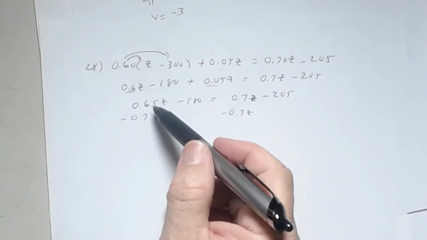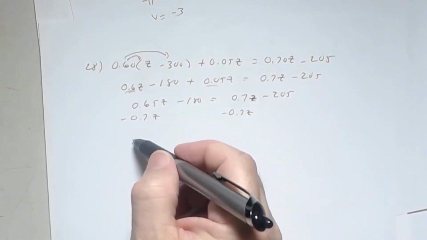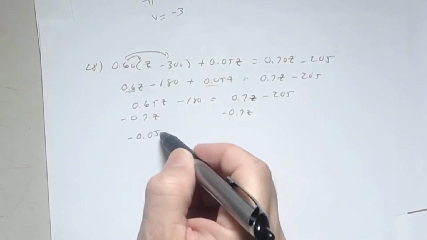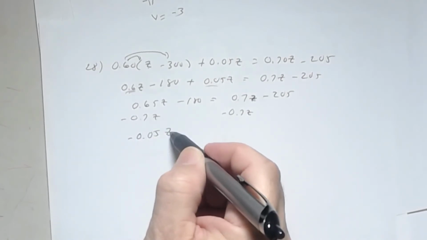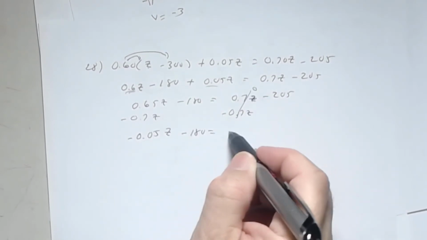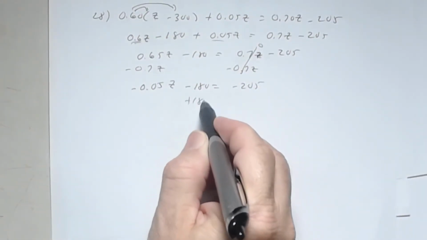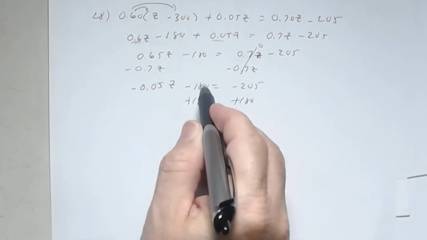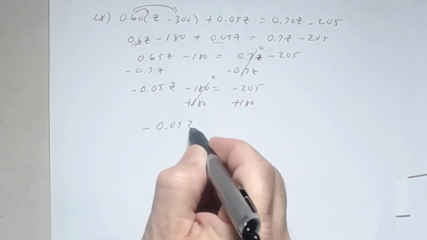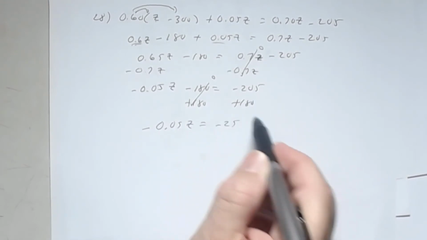Now use your calculator. What's 0.65 subtract 0.7? Negative 0.05. Okay, so it'll be negative 0.05z minus 180 equal negative 205. All right, what's the next step? Combine like terms, you get negative 0.05z equal, what's that, negative 25?